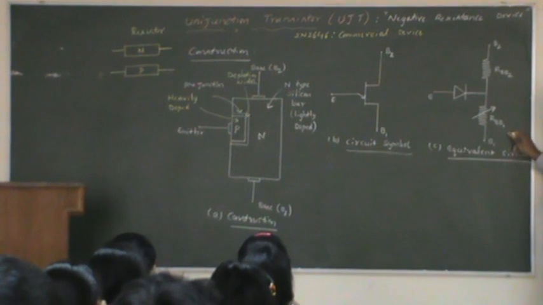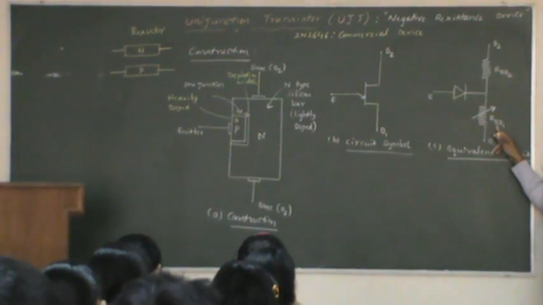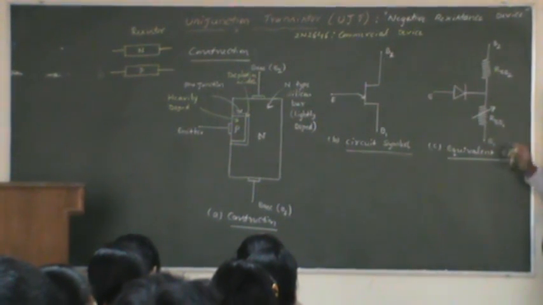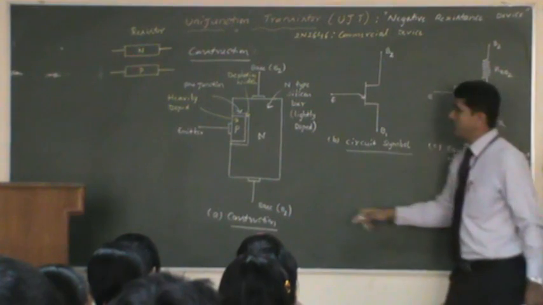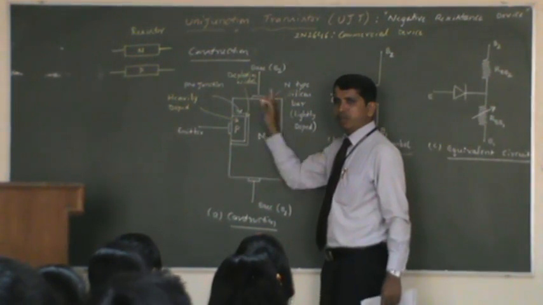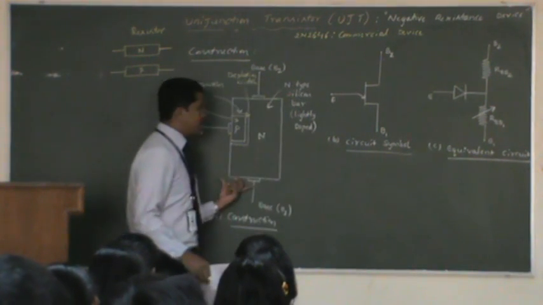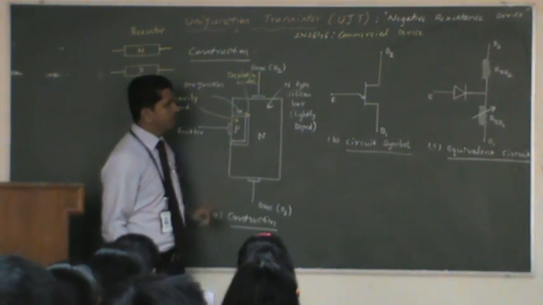Among these two resistors, RBB1 is made variable because this resistance is decided by the current flow from the emitter to the base B1 terminal. Due to that, this is made a variable resistor. What are RBB2 and RBB1? They are nothing but the resistance offered by the N-type semiconductor material, which you can see in this construction, and you can link with the equivalent circuit.